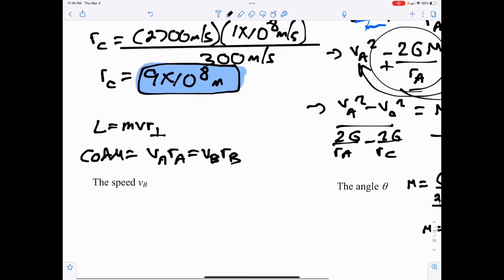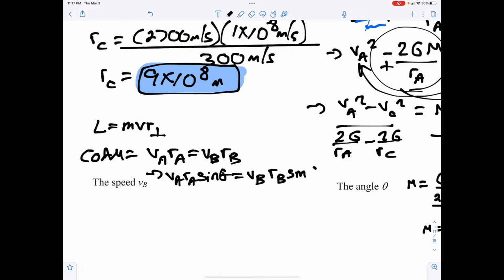meaning it's really VARA sine theta. Because remember, when you're talking about a perpendicular angle, sine of 90 degrees is 1, which just gives you that. Equals VB RB sine theta.